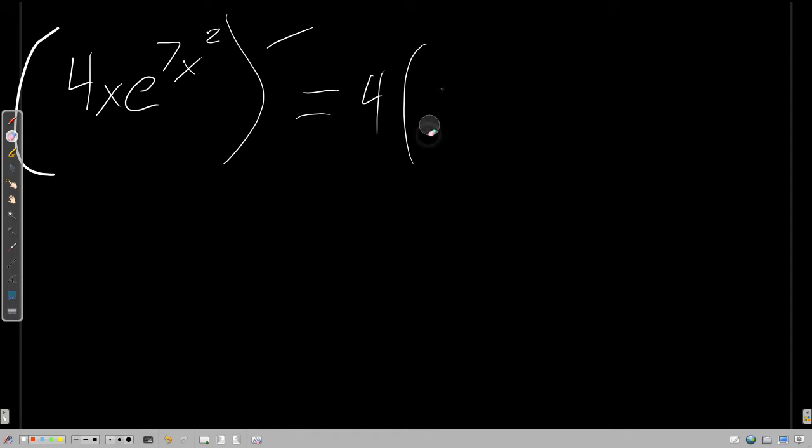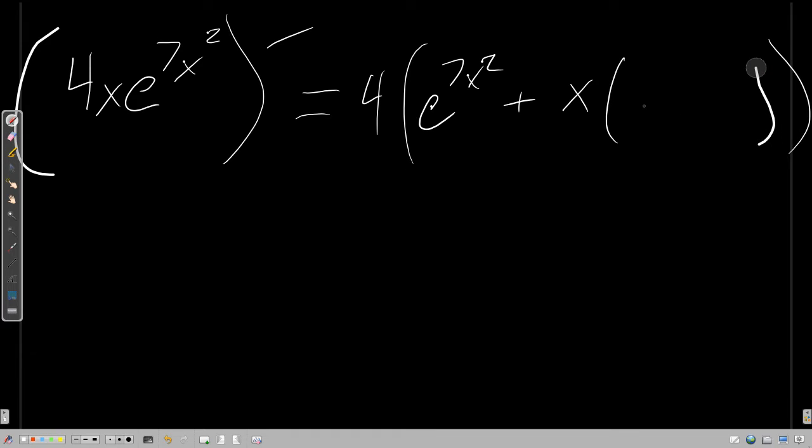That's the derivative of the first times the second plus the derivative of the second times the first. The times the first is right there, and then the derivative of e to the 7x squared I'm going to put right here in those parentheses. So the derivative of e to the 7x squared is 14x e to the 7x squared.